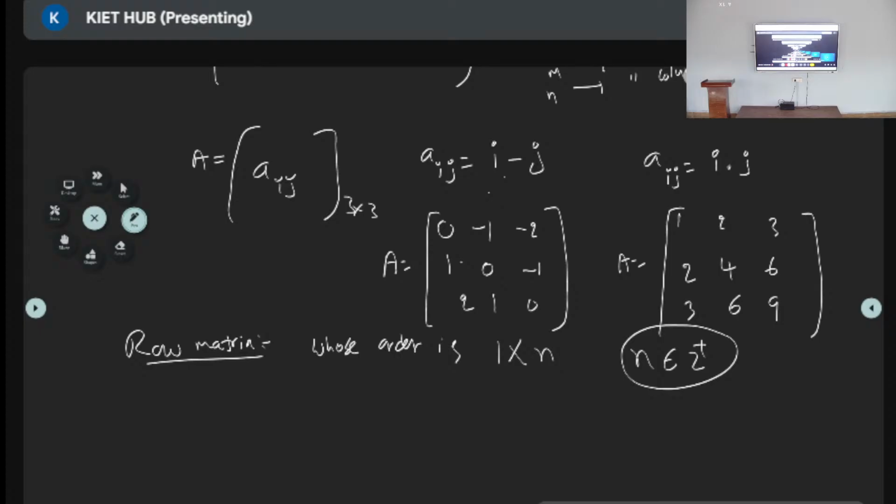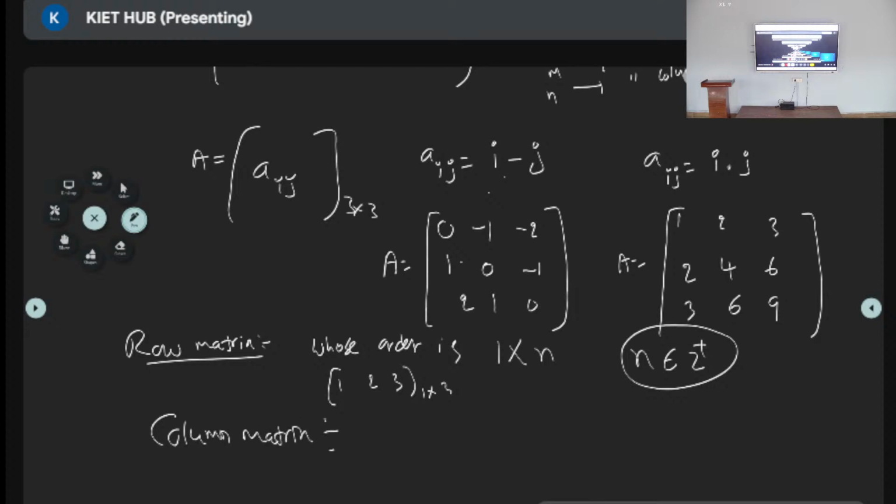Row matrix. An example of a row matrix is 1, 2, 3. What is the order of this? 1 by 3. Next, column matrix. What is the column matrix definition?